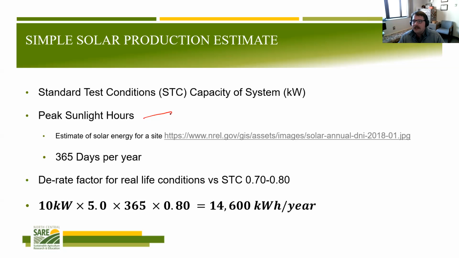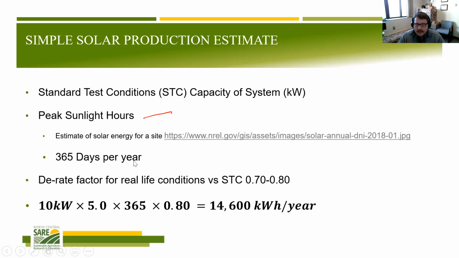So on average, how much irradiance, if it was 1,000 watts per meter squared, does a location see on an average day? Now, we want this as the average for the whole year. And so it's fairly simple to get by going to some of the websites. I'm going to show you that in a second.